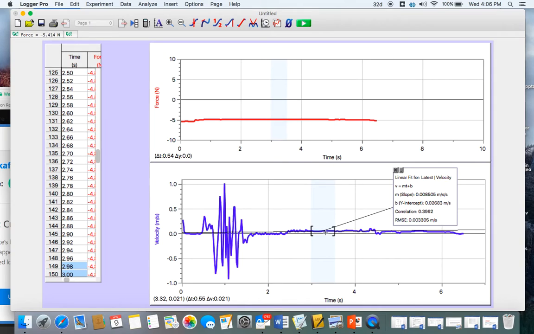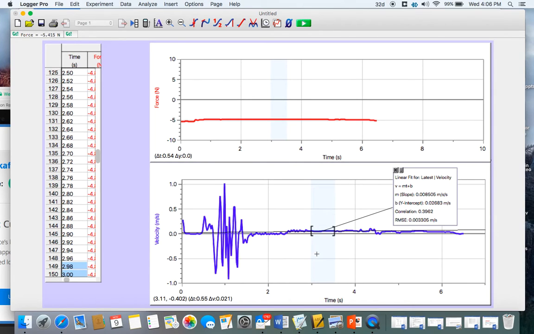Now be very careful next, because notice that on the velocity graph, the time axis goes from 0 to 6 seconds. On the force graph, the time axis goes from 0 to 10 seconds. They're not aligned. Sometimes they will be. Yours may be aligned, yours may not.